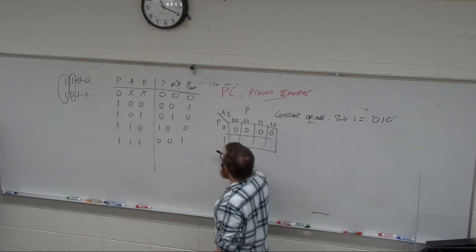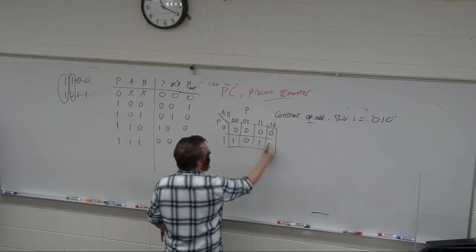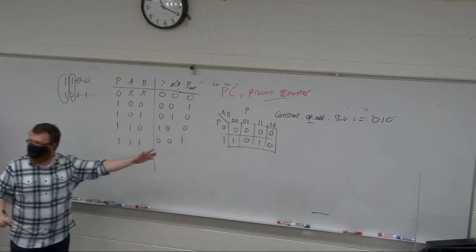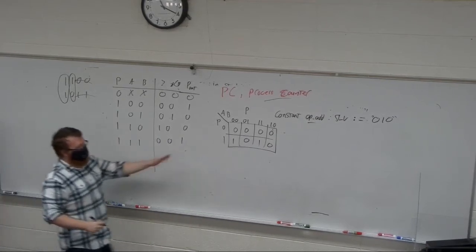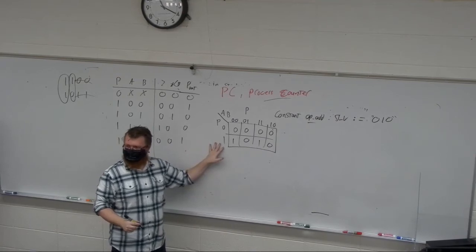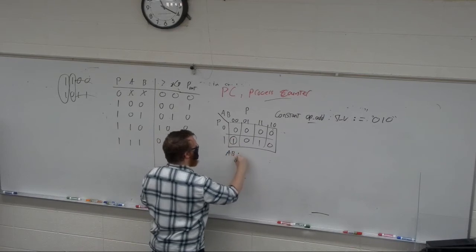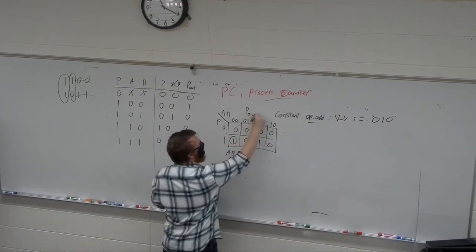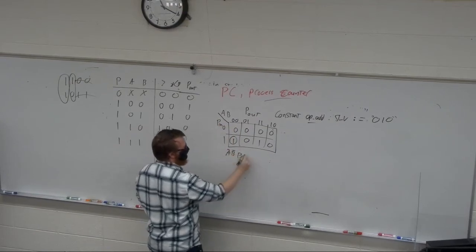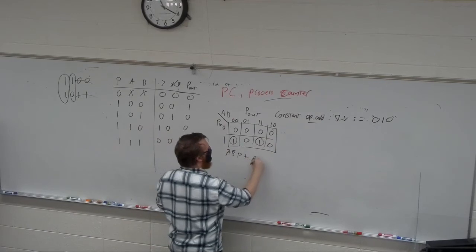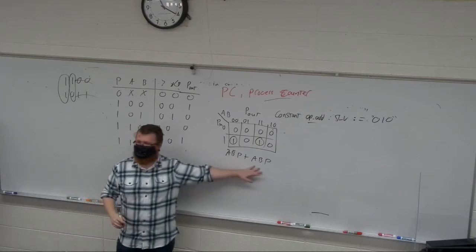Whereas if I do have propagate and not A not B, or A B, that's my propagate. And then I can turn this into an equation by circling it, and this is P out, this is P in. And I have not A, not B, P, or A, B, P, right? And then I can easily turn that into a circuit.